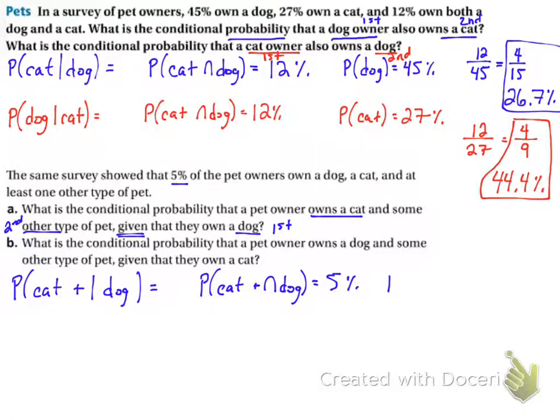And then the first thing that I care about is probability that they have a dog, which is 45%. And so again, I can go 5 divided by 45. Reduces down to 1/9, or 11.1%.